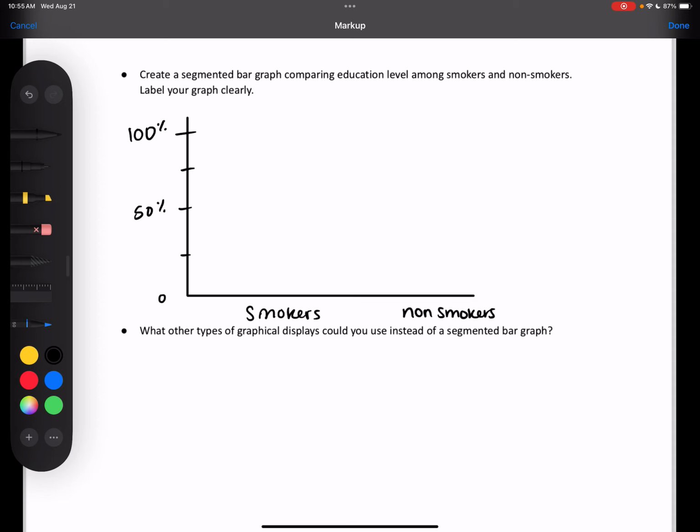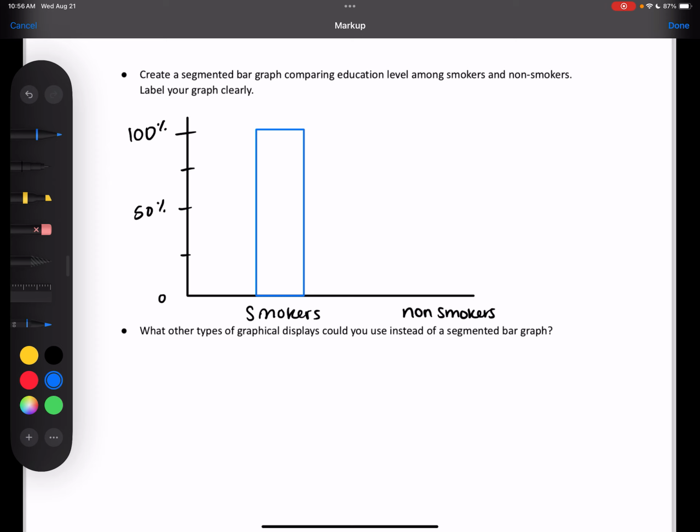I'm not going to use multiple colors for this. I'm just going to segment it out as if you weren't using colors, and just put HS for high school, 2 YR for 2 year, and 4 YR for 4 year. So ultimately, you know that your bars have to add up to 100%.